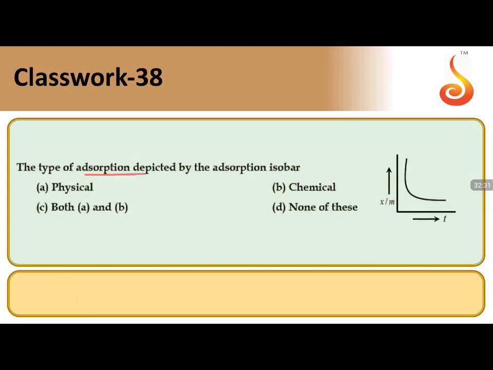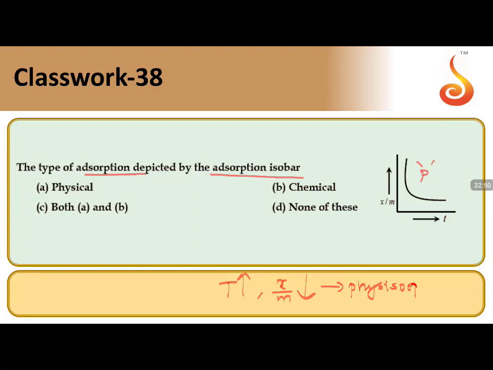The type of adsorption depicted by the adsorption isobar. This is at constant pressure. Now X by M versus T. Increase in temperature decreases the X by M value. This corresponds to physisorption.